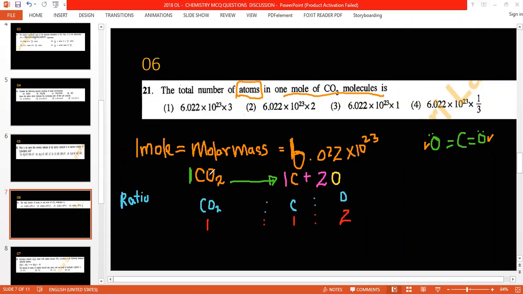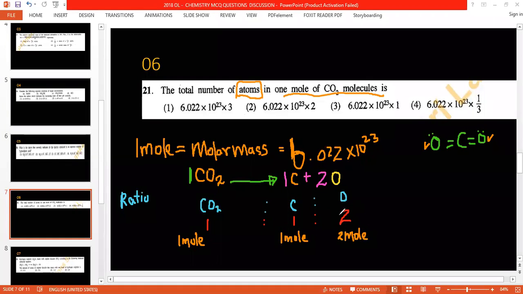So if you have 1 carbon dioxide molecule, you will have 1 carbon and 2 oxygens at the same time. If you take 1 mole of carbon dioxide, it will have 1 mole of carbon and 2 mole of oxygen, because the ratio is 1 to 1 to 2.